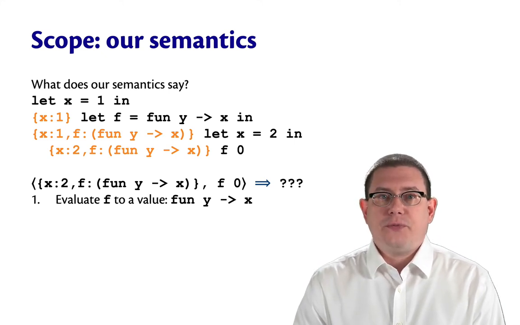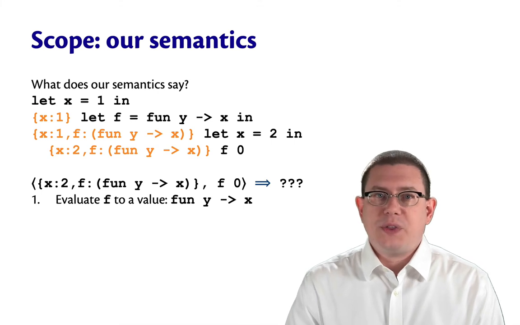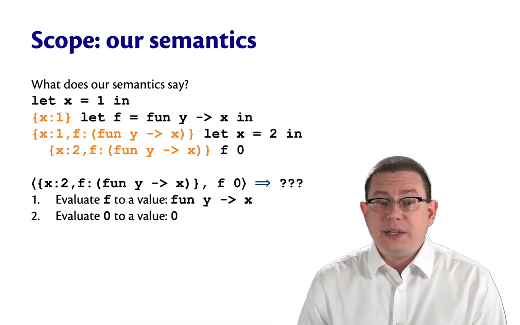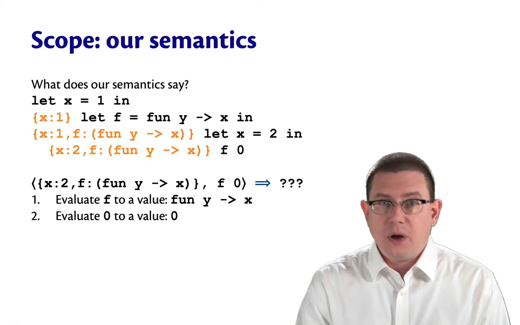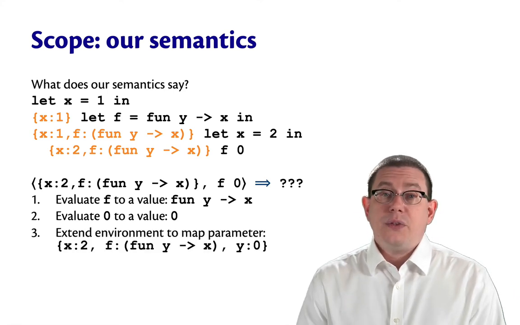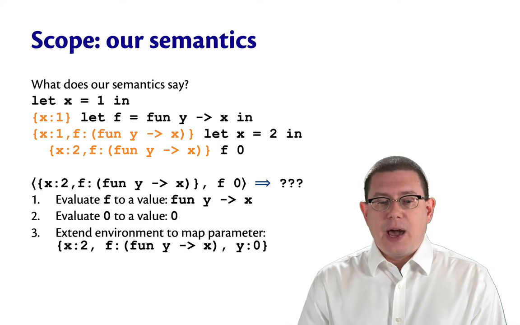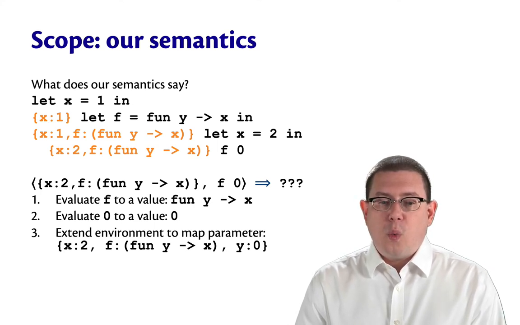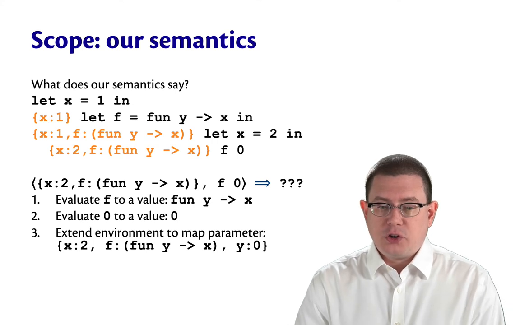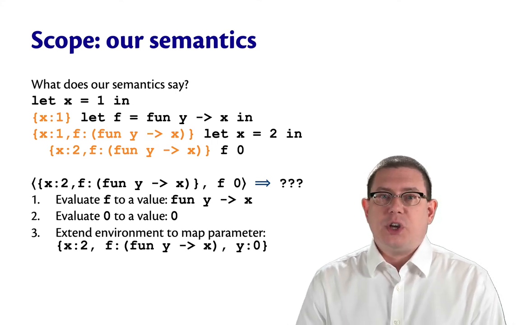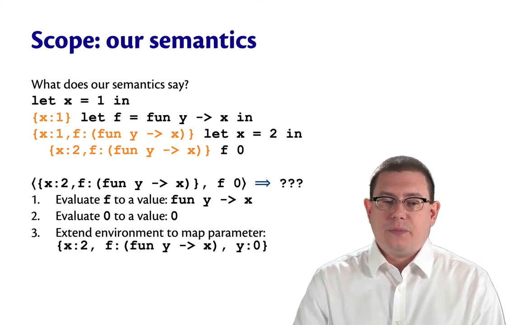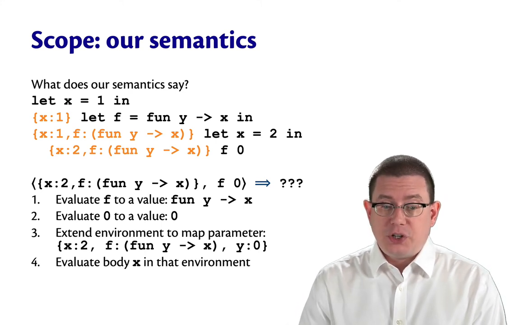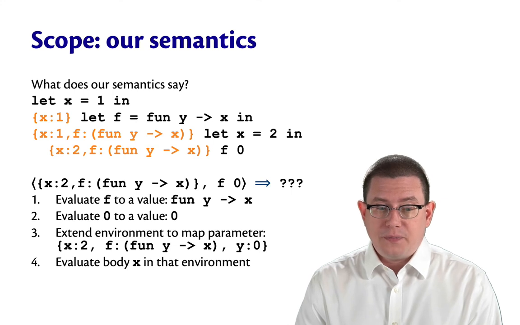That would be the function fun y arrow x. All we have to do is look that up in the dynamic environment. Second, we would evaluate its argument 0 to a value. It's already a value. Third, we would extend the environment to map that function parameter. So y, the parameter of that function, would be bound to 0, which is the argument being passed in. Then we would evaluate the body of the function in the current environment.